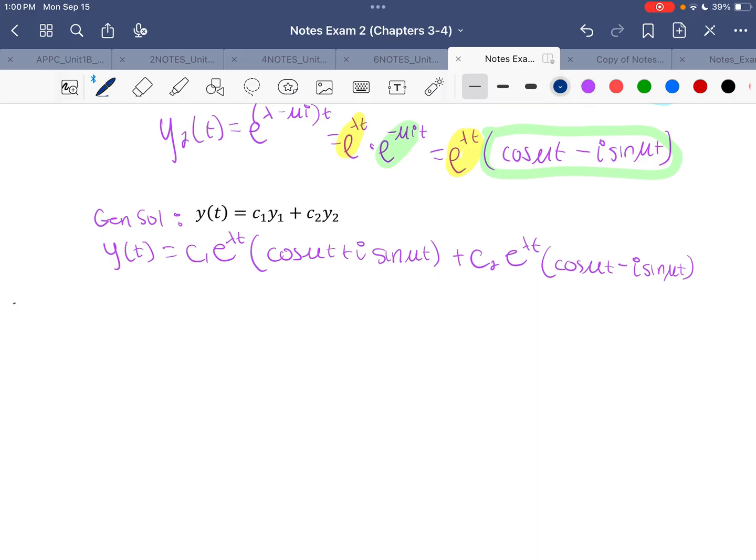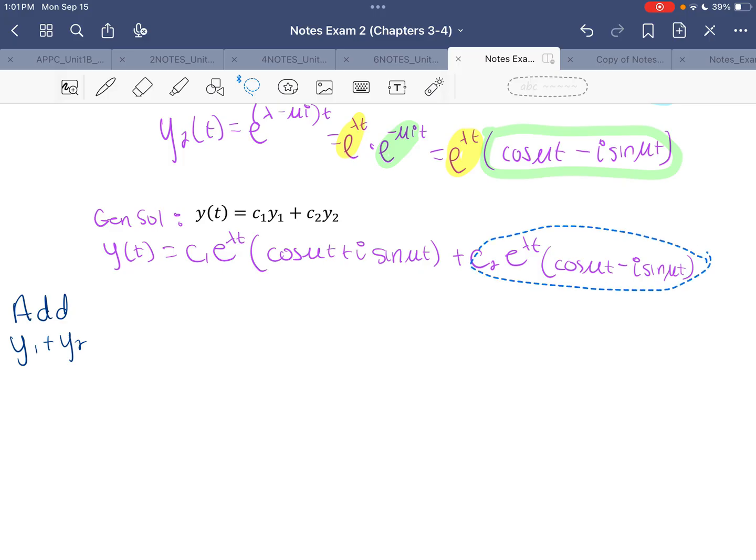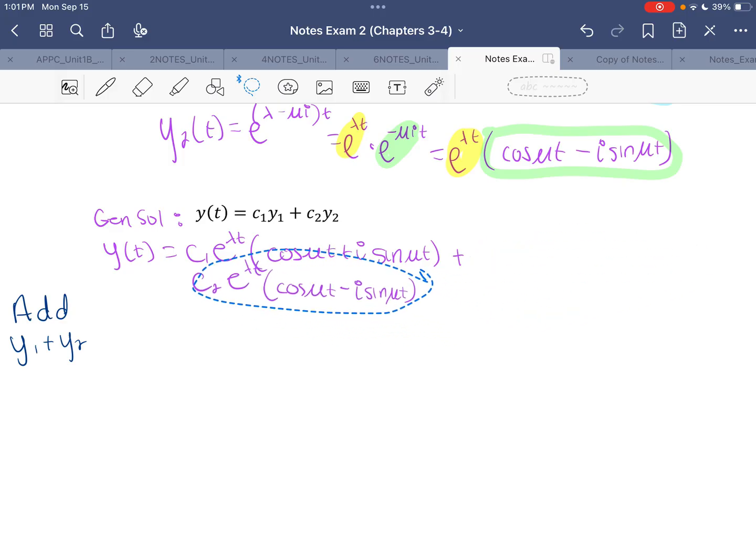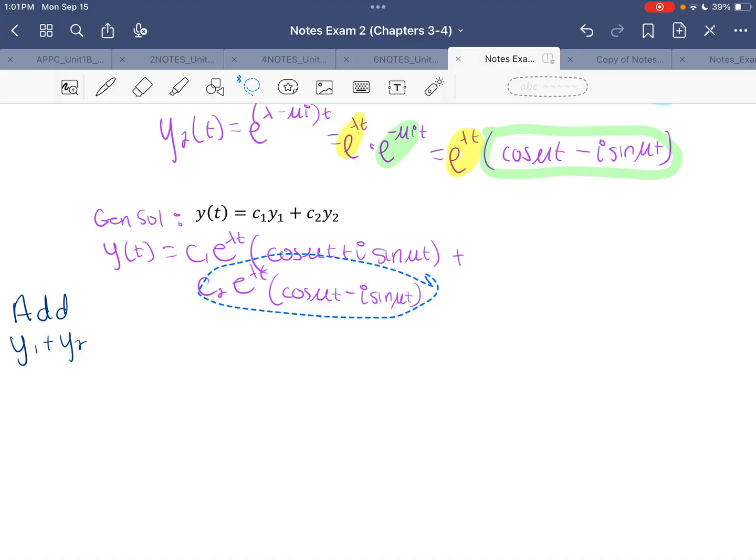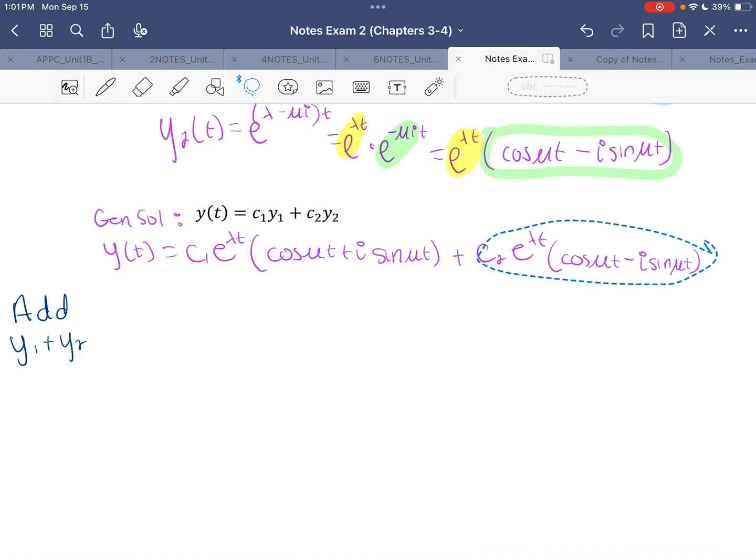If we add together our y1 and our y2, just figuring out what coefficients could make that happen, you don't have to do this, but just imagine adding these together. Do you see how the i terms are going to cancel each other out?